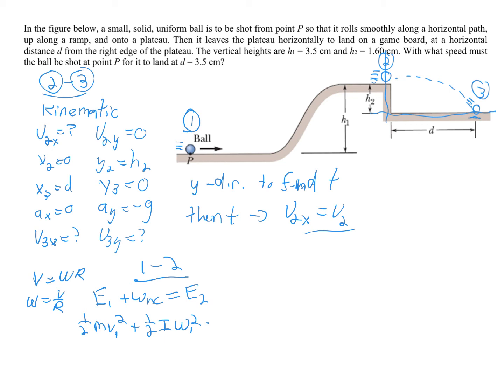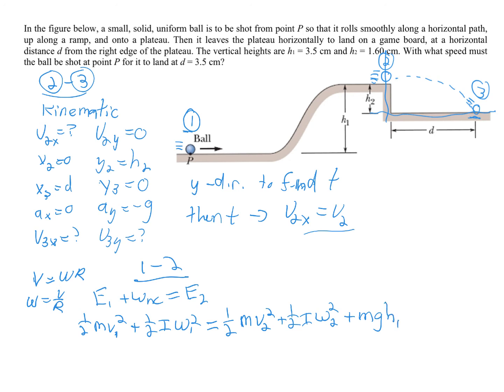There's no work non-conservative by outside forces, so that has to be equal to my energy at point 2, which will also be a combination of kinetic energies, where I have 1/2 m v2 squared, and rotational, so 1/2 I omega 2 squared. And I'm also going to have mgh, where the h at point 2 is labeled as h1.